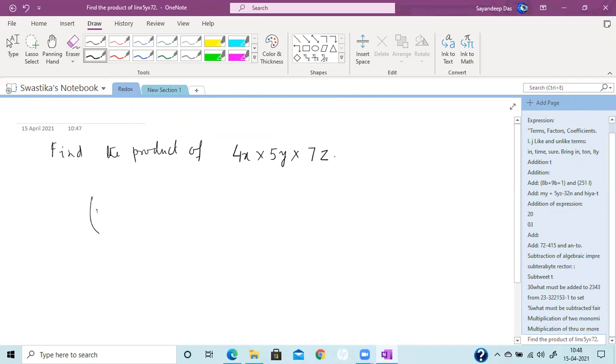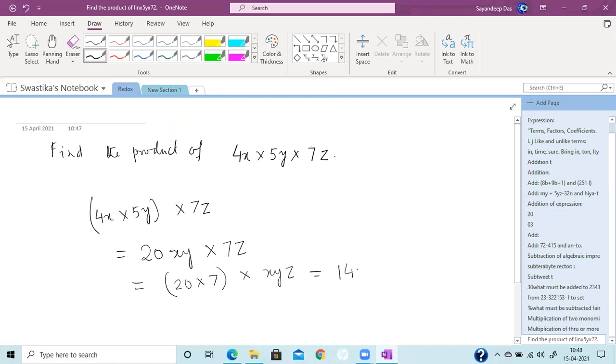First multiply 4x into 5y and keep 7z, the third monomial, as it is. 4 into 5 is equal to 20, then the variables are x into y, then keep 7z. Now multiply this 20 into 7, and the variables x, y, z. That means you are getting 140xyz.